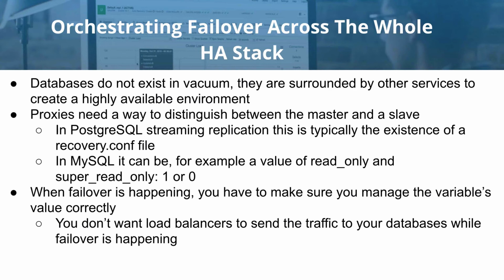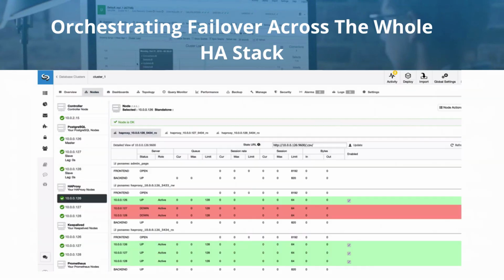In PostgreSQL streaming replication, this is typically the existence of recovery.conf, or recovery.signal since Postgres 12. In MySQL, it can be, for example, a value of read_only and super_read_only, either 1 or 0. When failover is happening, you have to make sure that you manage the variable values correctly. You don't want load balancers to send traffic to your databases while failover is happening.